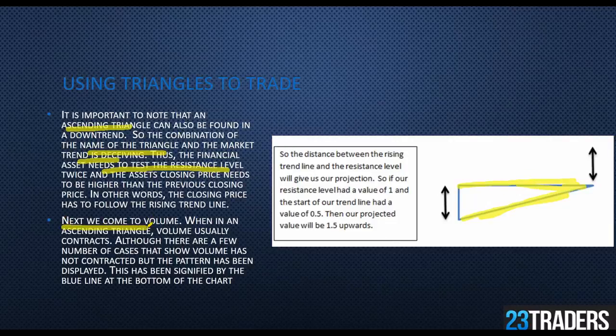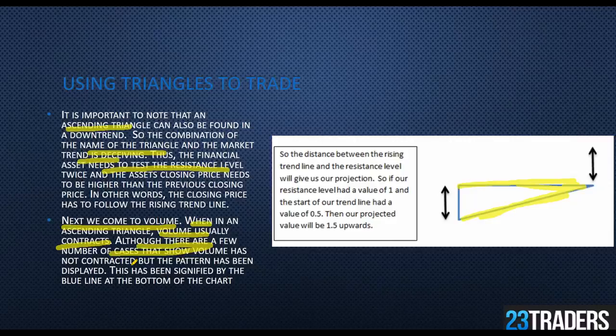Okay. Now when we come to volume, in an ascending triangle, volume usually contracts. Although there are a few cases that show volume has not contracted. Volume is the number of shares or contracts being traded in a specific time. There's a relationship between the trend and volume. When the trend is moving in a specific direction and volume stays steady, it's supporting the trend.